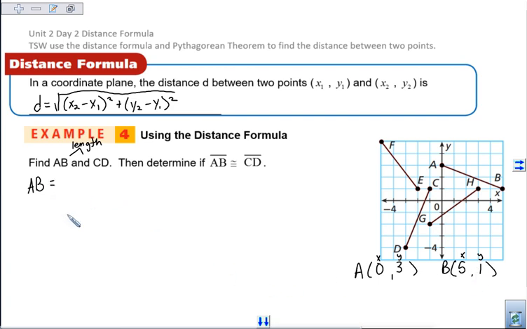And now we can use those coordinates in the distance formula, so we're just going to plug them in. So we have a nice long square root sign, x2, which is 5, minus x1, which is 0, squared, plus the y that went with 5, which is 1, minus the y that went with 0, which is 3, squared.